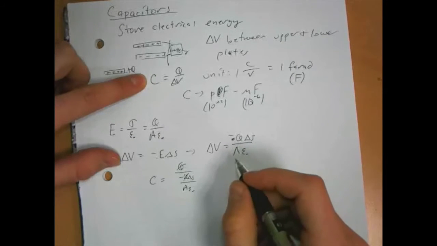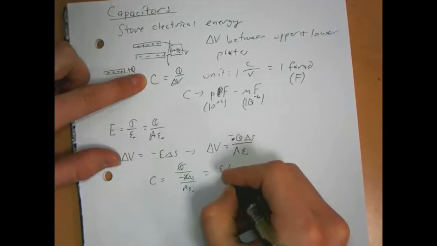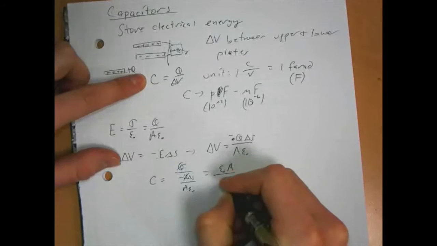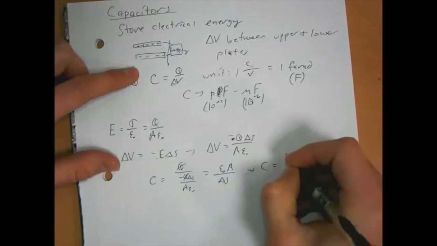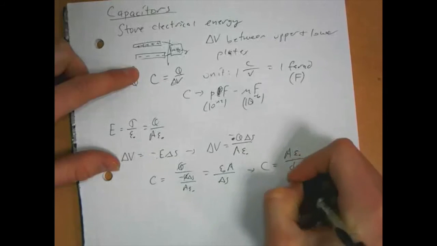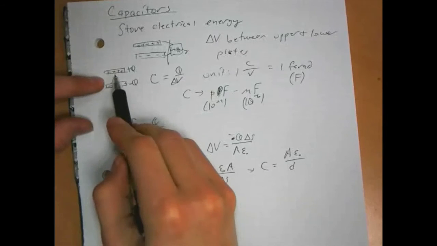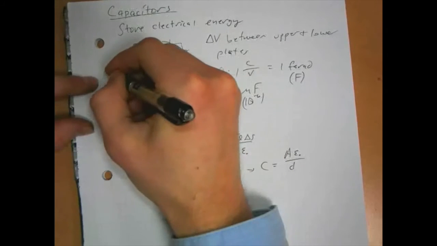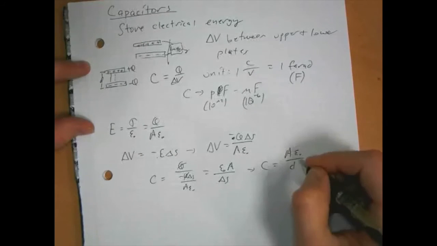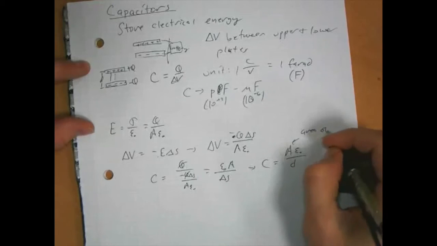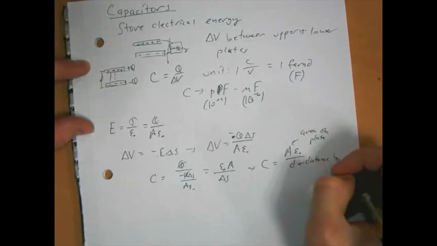And that leaves us with epsilon naught times area over delta S. In this case, the delta S is usually just replaced with a distance, because a displacement in the direction of the electric field is just straight down, and so typically they just give it in terms of that distance d, the distance between the plates. So this is the area of a plate, and this is the distance between plates.